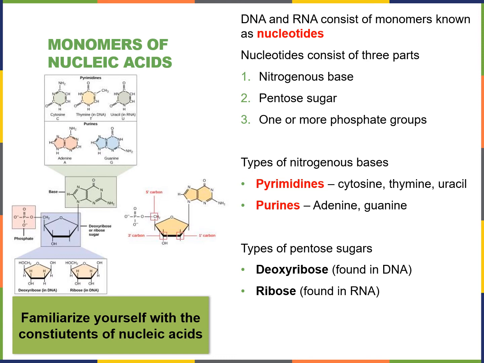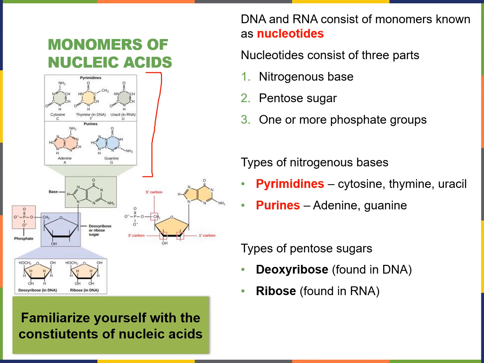Now, DNA and RNA, its monomers are referred to as nucleotides. Every nucleotide has three components: a nitrogenous base, as we see up here. Why do they call it a nitrogenous base?